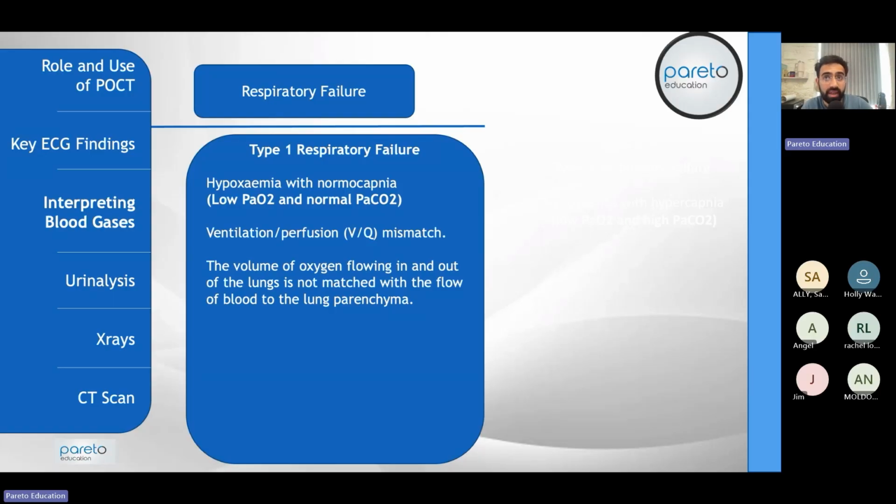So, for instance, in pulmonary embolism, where there is a clot and therefore a reduction of blood flow, the body's oxygen carrying capacity is reduced, resulting in hypoxemia. Or it could be in instances like asthma, where there is significant occlusion and inflammation of the small bronchioles, and subsequently that reduces the amount of oxygen flow into the lungs themselves.